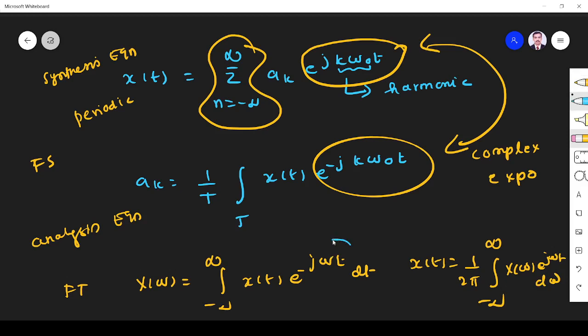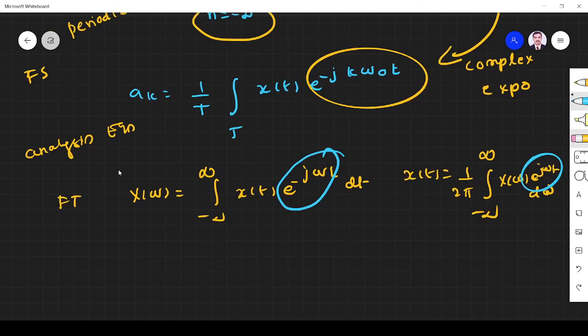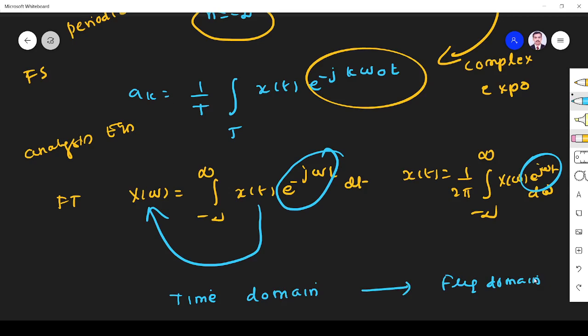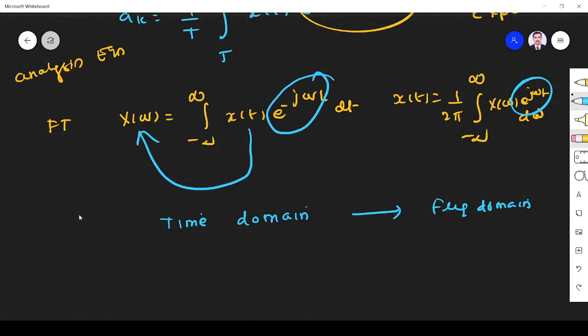Again you see complex exponential. Fourier transform converts a time domain signal into a frequency domain signal.